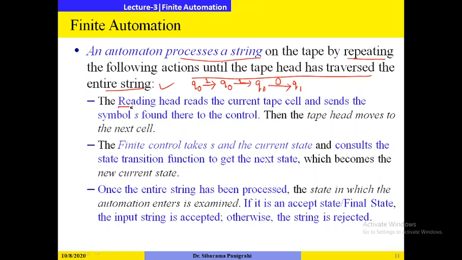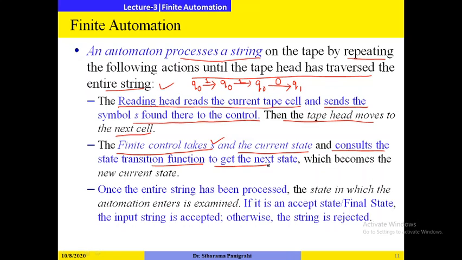So how does an automaton process a string? First, the reading head reads the current tape cell and sends the symbol found there to the finite control. Then the tape head moves to the next cell. The finite control takes the symbol S and the current state and consults the state transition function to get the next state.